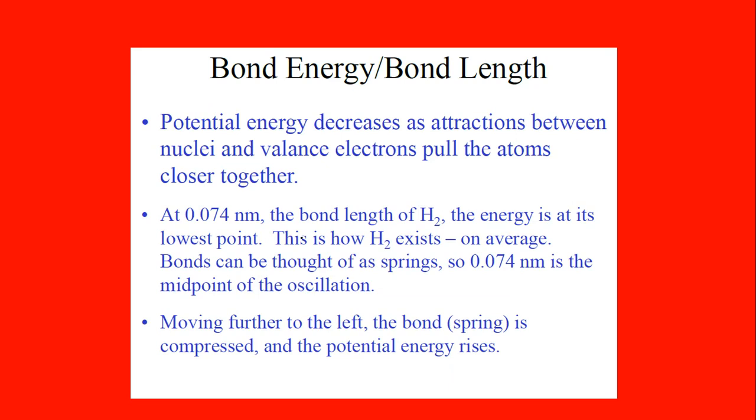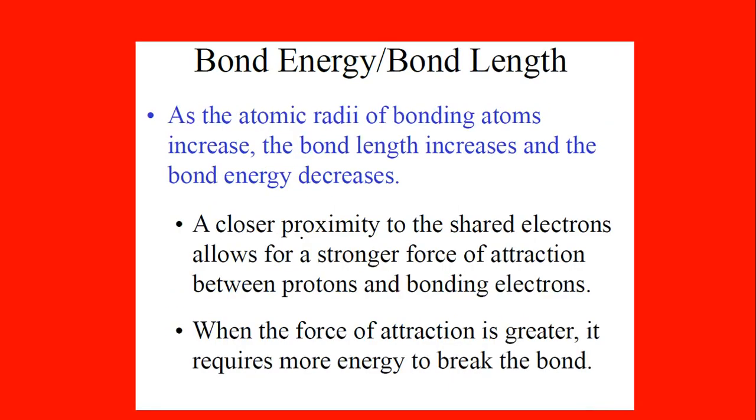Okay, finally, bond energy with bond length. It correlates again with bond length, and we relate that back to the potential energy diagrams. Just pause and read over this, because it's very similar to what I just said, and I'm going to explain on the next slide. As the atomic radii of the bonding atoms increase, the bond length increases.